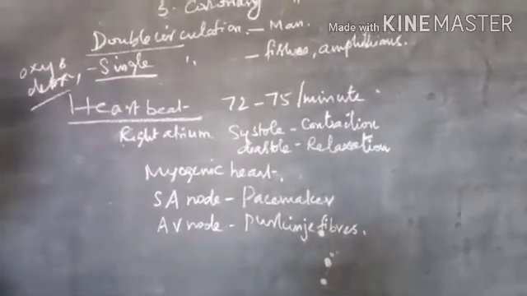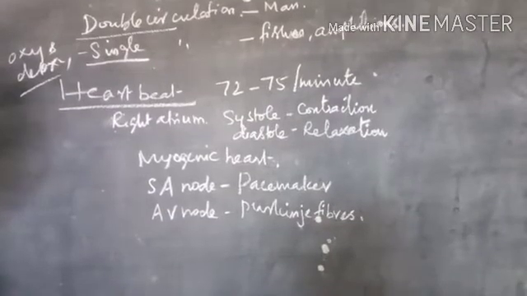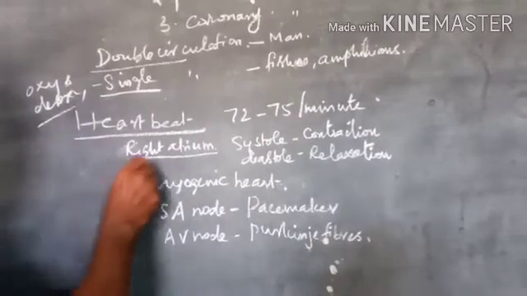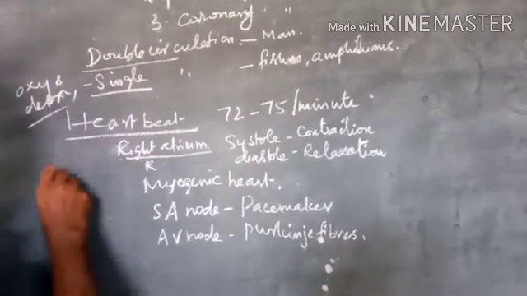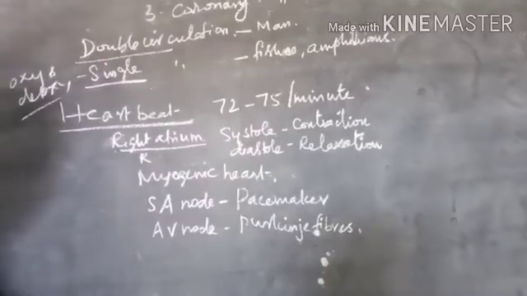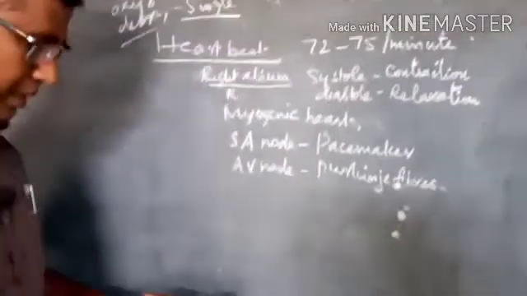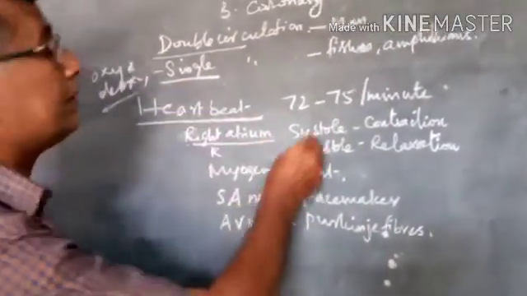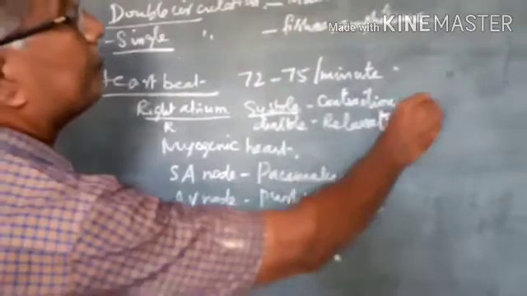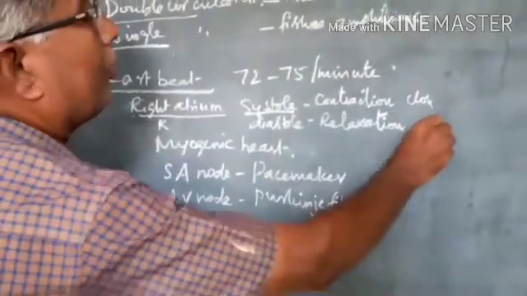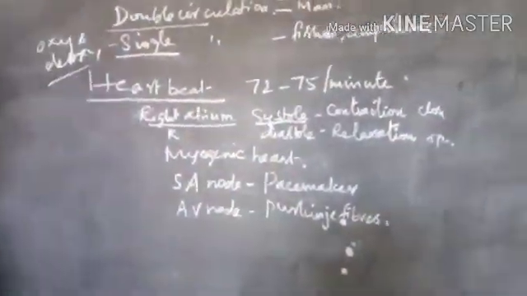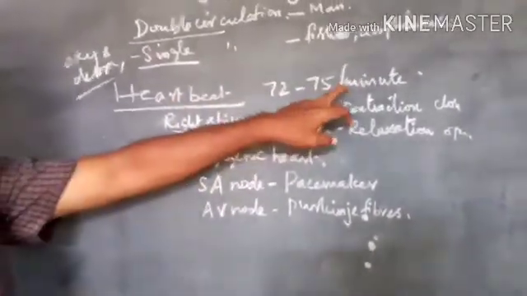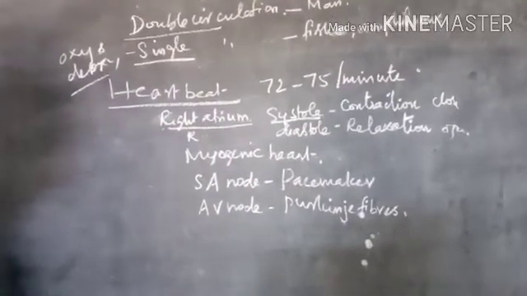Then the next one is heartbeat. It starts with the right atrium: one systole, one diastole, one systole and one diastole. Systole means contraction and diastole means relaxation. It takes place 70 to 75 times per minute.